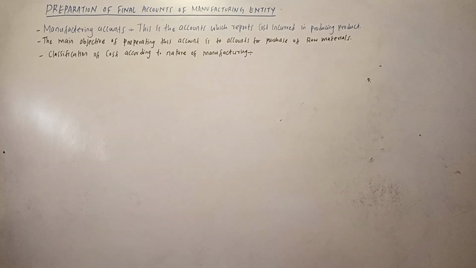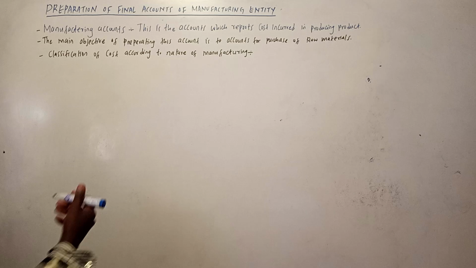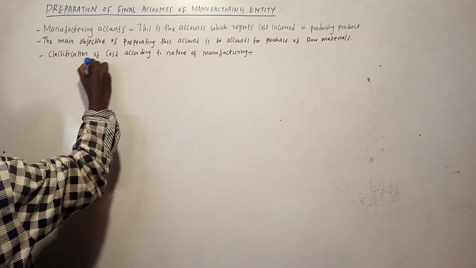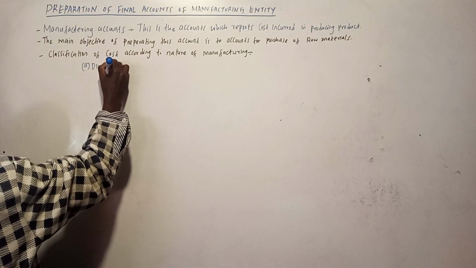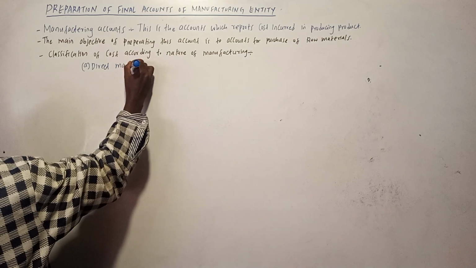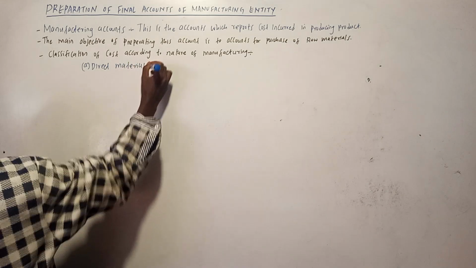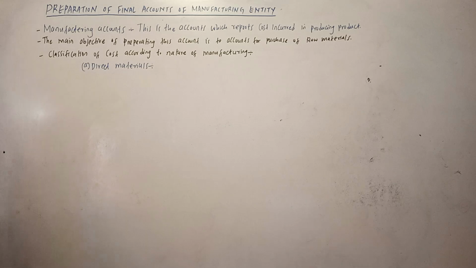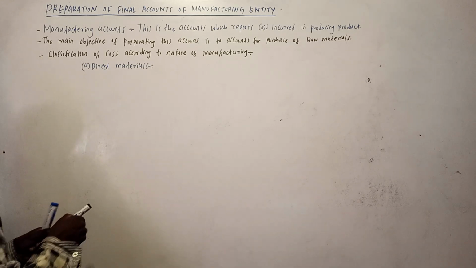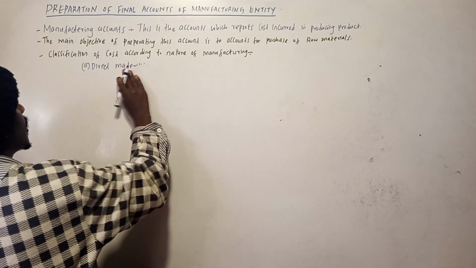Number one, we have direct materials. And what are they? These are the costs which can be traced back to the product. So not direct material, but rather direct cost.